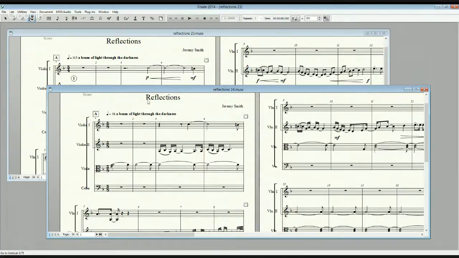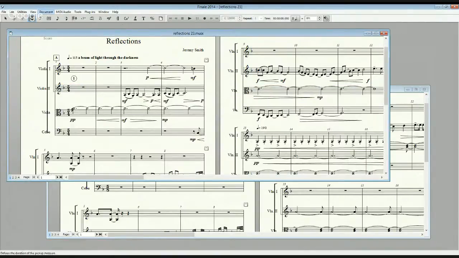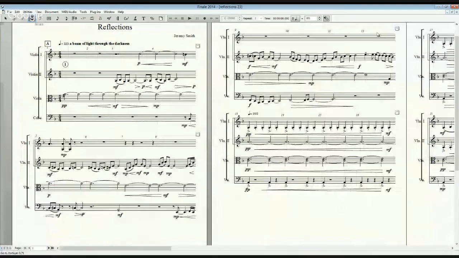Document options. And there should be one that says bar lines, and then display all bar lines.